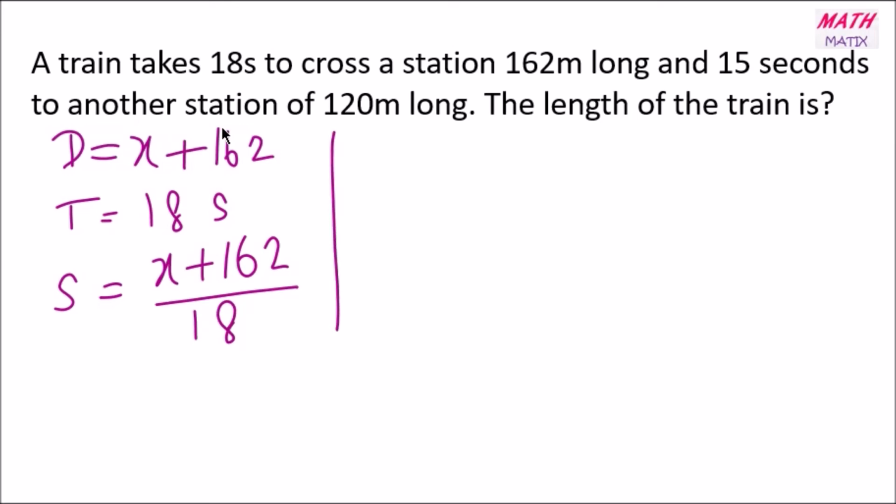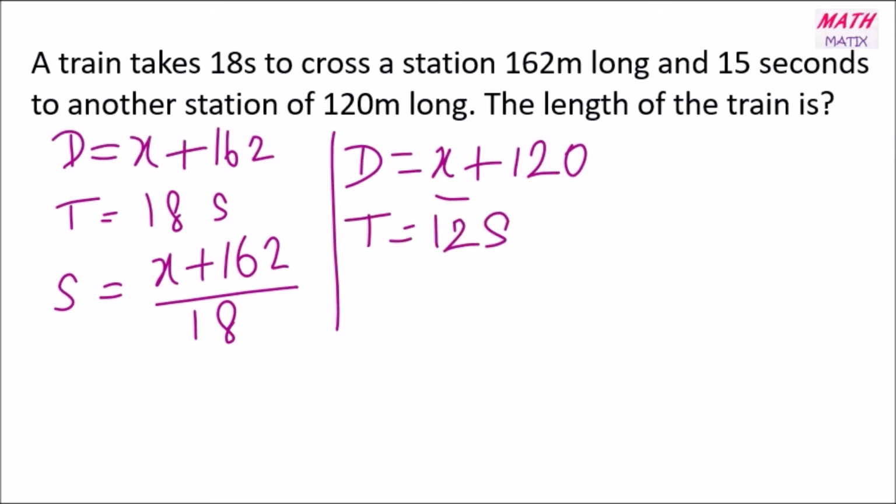And in the second case, it's the same train, so x plus 120 for the 120 meter long station, because the distance travelled by the train is the length of the train plus the length of the station. Time is 15 seconds. The speed is distance by time, that is x plus 120 divided by 15.